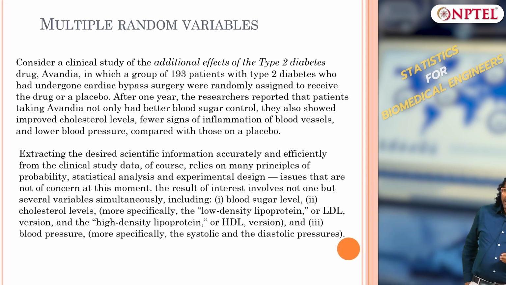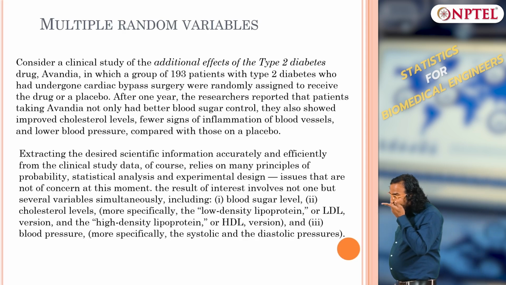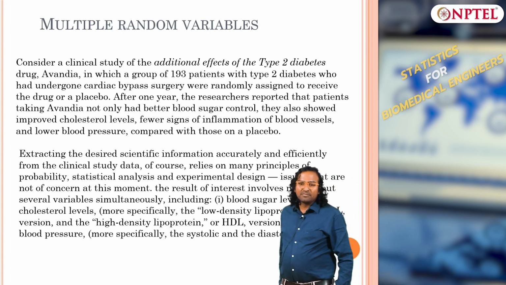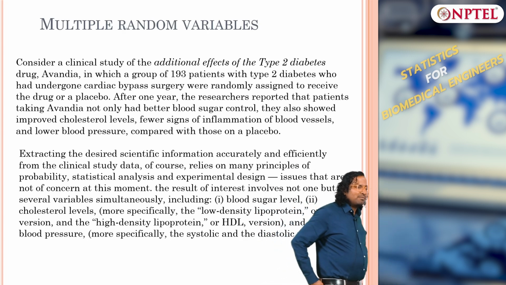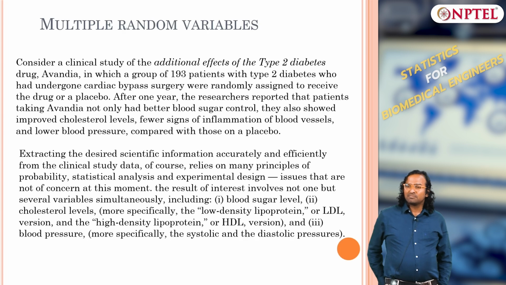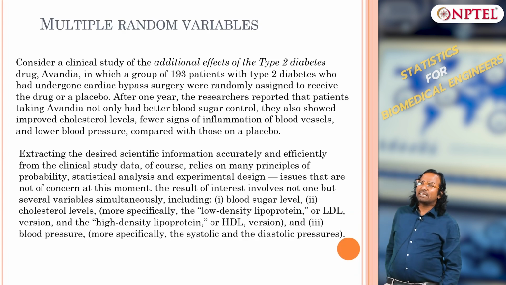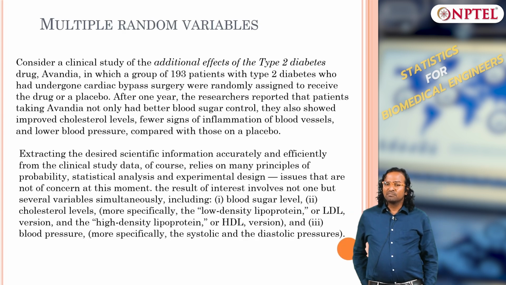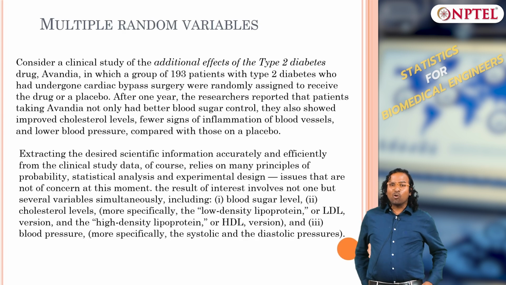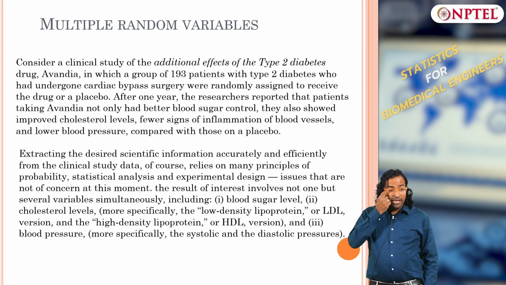When we talk about multiple random variables, give me an example, give me a biomedical example. Blood test, what is the multiple random variable here? You are looking for output, various parameters. The other way to put it is, let us say one effect, one symptom or one disease is influenced by multiple parameters or multiple variables.